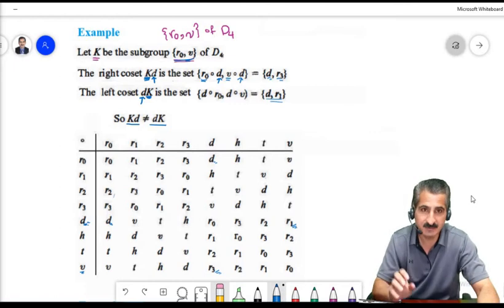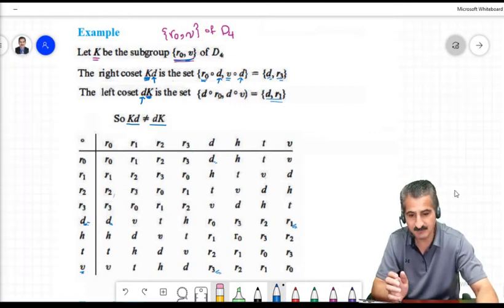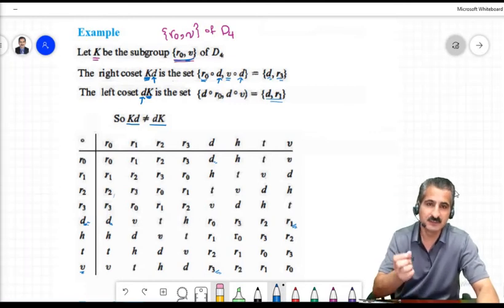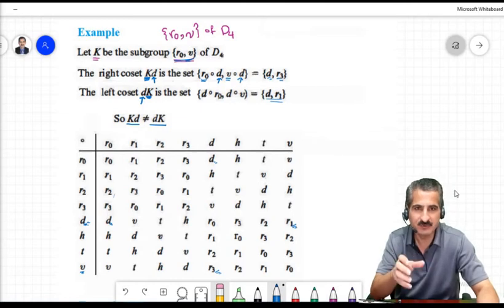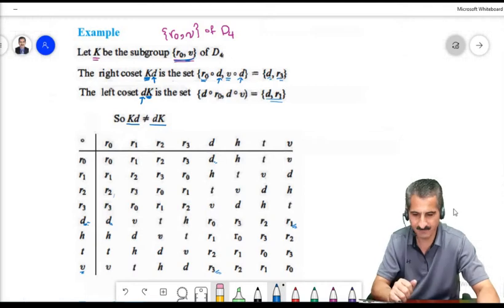They might not be equal and they might be equal. Now the normal subgroups that we are going to define will force this to be equal. We will say K, or N, we will use the letter N, is a normal subgroup if the equality here happens.